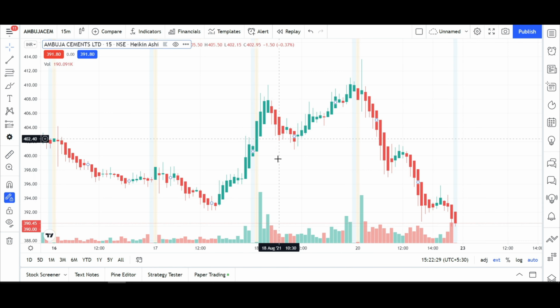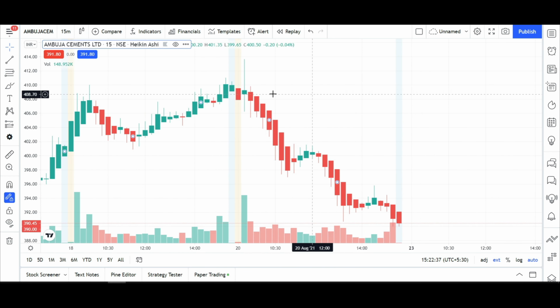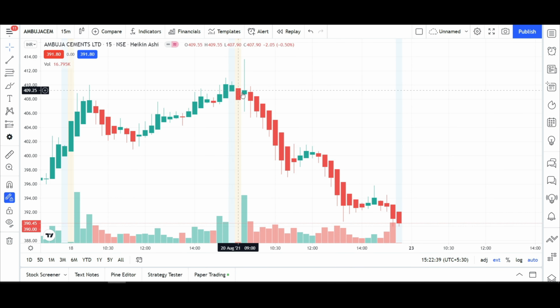So let's revise this and sum it up. The Heikin-Ashi candles are interdependent. The opening of the current candle is formed by the average of the opening and the closing of the previous candle. So the opening of this candle right here is the average of the opening and the closing of the previous candle.